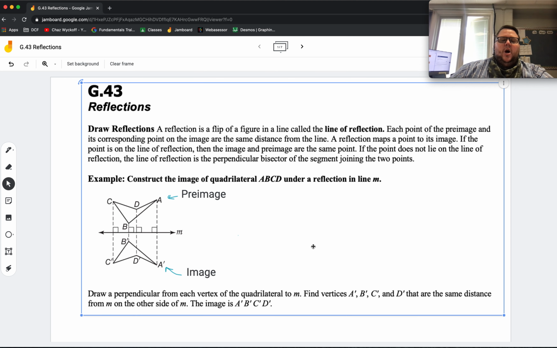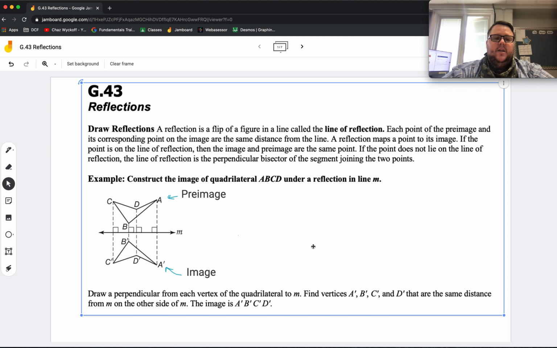All right? So when you think of a reflection, think of the fact that in this video you see my picture, but it's actually a reflection of what's in reality. When you look in a mirror, it's a reflection. If you raise your right hand, from your perspective it looks like my left hand because it's flipped.